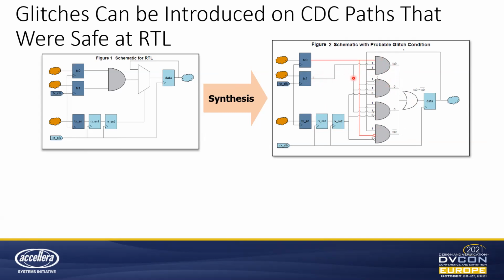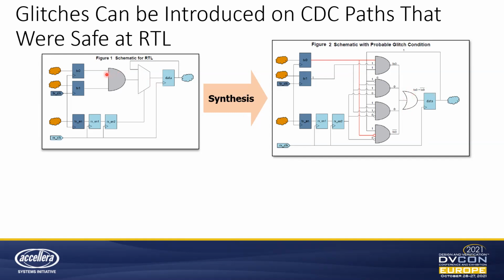The first expression gives us TX0, the second gives us 0, and the third AND gate gives us NOT of TX0. These are combined at this OR gate to give the final expression TX0 OR NOT of TX0. And we already concluded that whenever an expression reduces to X OR NOT of X, it introduces a glitch in the path.